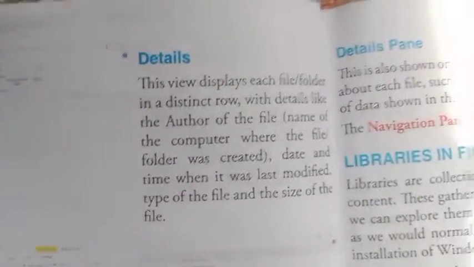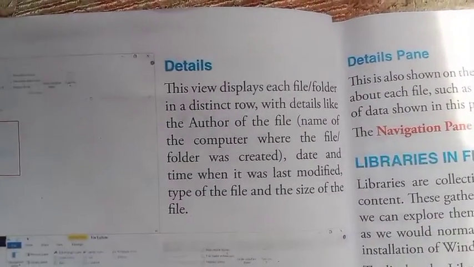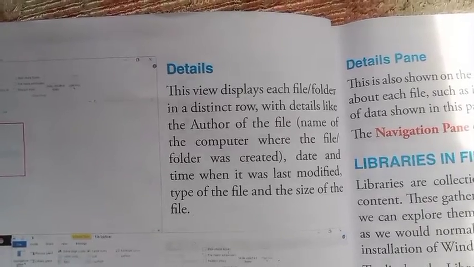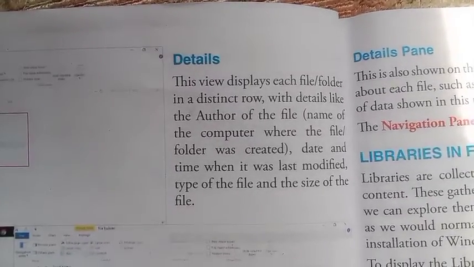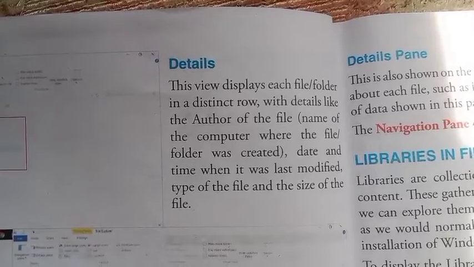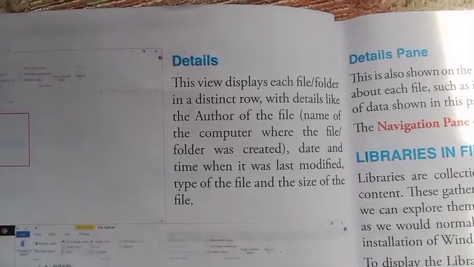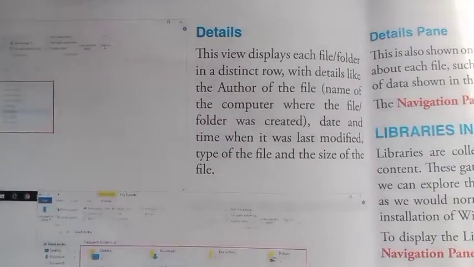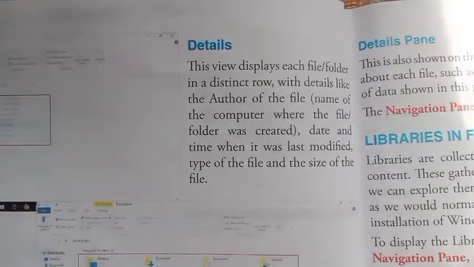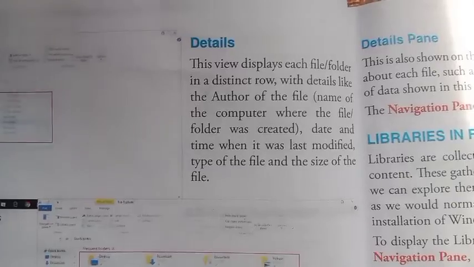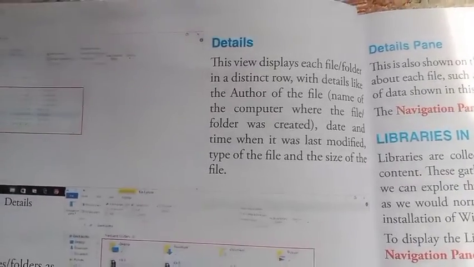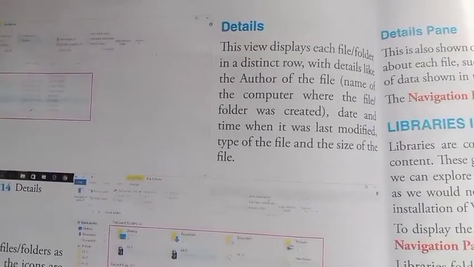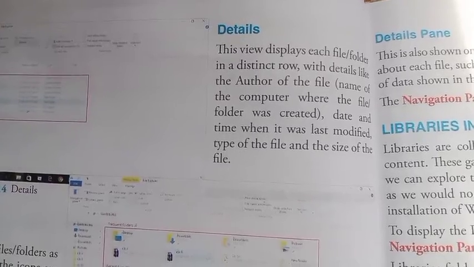Now moving forward, the next one is details. This view displays each file or folder in a distinct row with details like the author of the file. Author of the file means the name of the computer where the file or folder was created, the date and time when it was last modified, the type of file, and the size of the file.